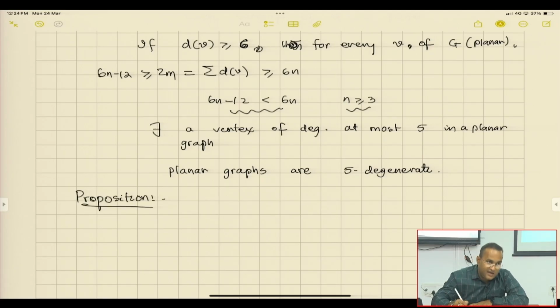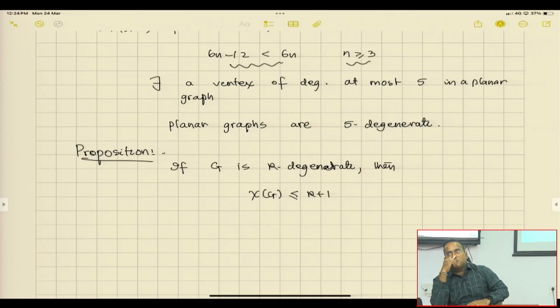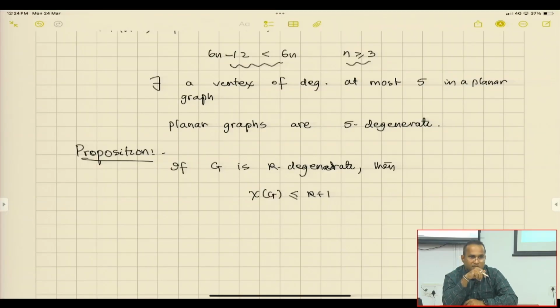If G is k-degenerate, then the chromatic number of the graph is at most k plus 1.